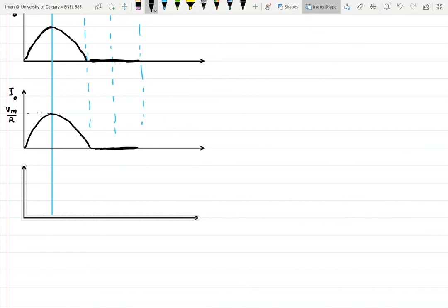And for my Vd, it would be 0 when the diode is conducting, and it would be negative the source voltage.